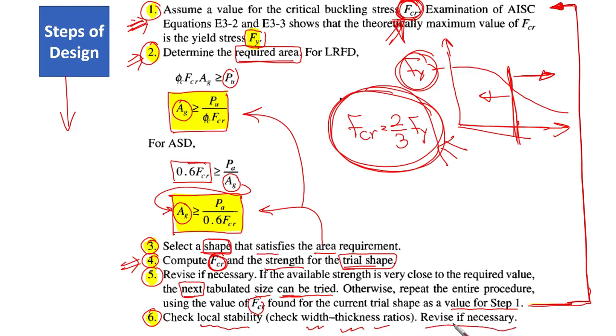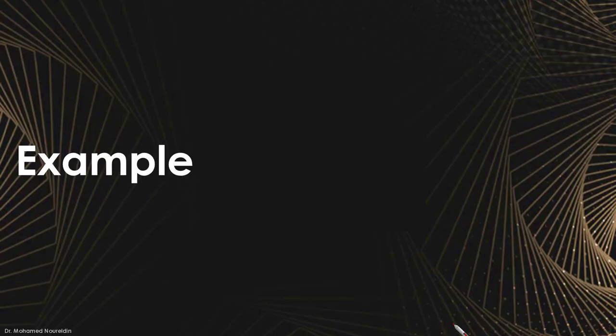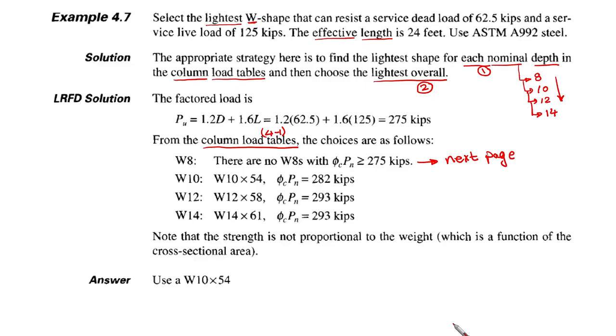Now I think that we are ready for our design example, in order to know more about the design steps. Okay, let's go for the example. The first example is like this.